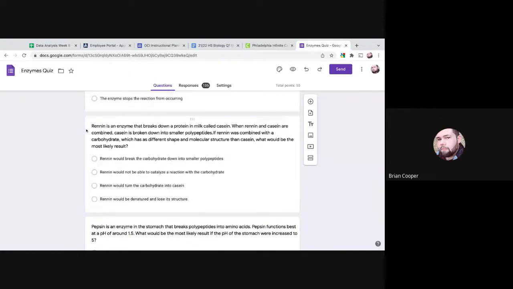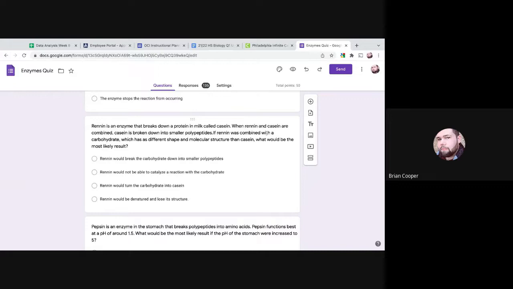And the question is right here. Renin is an enzyme that breaks down a protein in milk called casein. When renin and casein are combined, casein is broken down into smaller polypeptides. If renin was combined with a carbohydrate, which has a different shape and molecular structure than casein, what would be the most likely result? Already I can see that this is a wordy question, and they were never taught directly what renin or casein was.